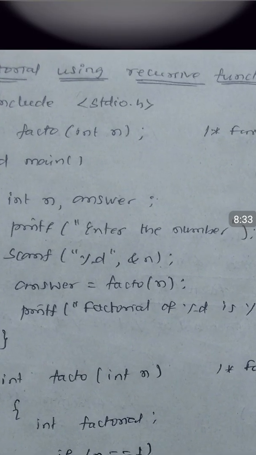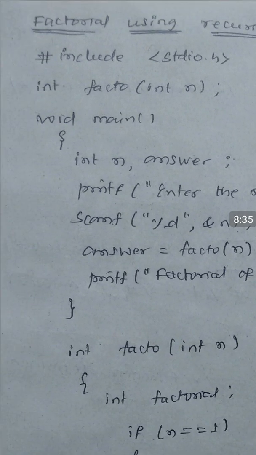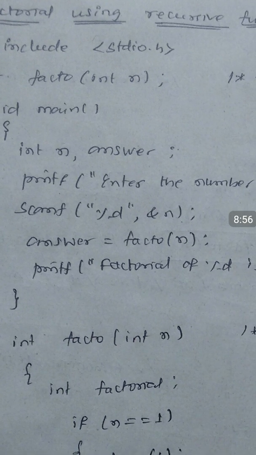In this case, we have declared the function named facto, and it is passing an argument called int n, and the function is returning an int. So int is the return type of the function, facto is the name of the function, and it is accepting the parameter int n. In the main function we are asking the user to enter the value for which we want to find the factorial.